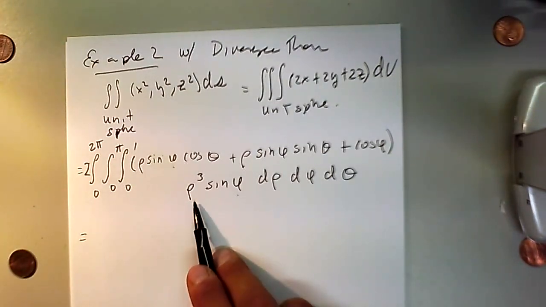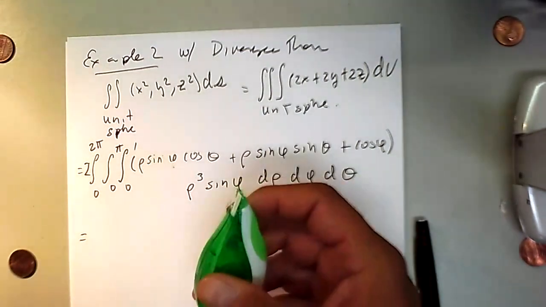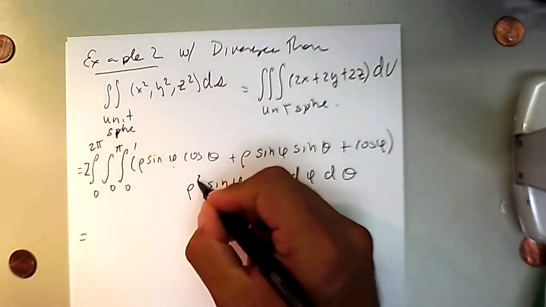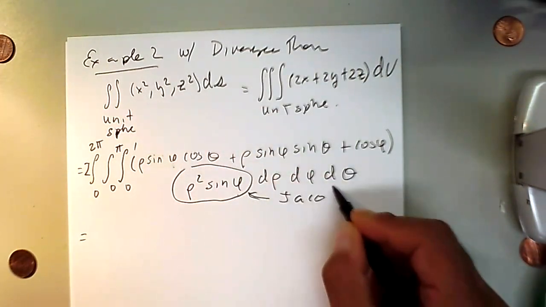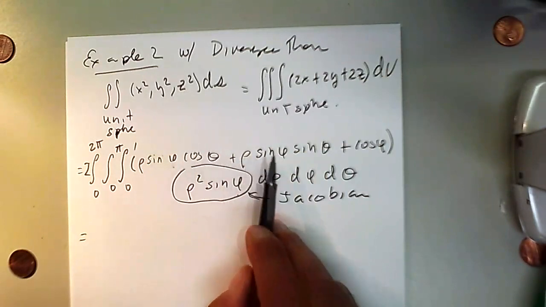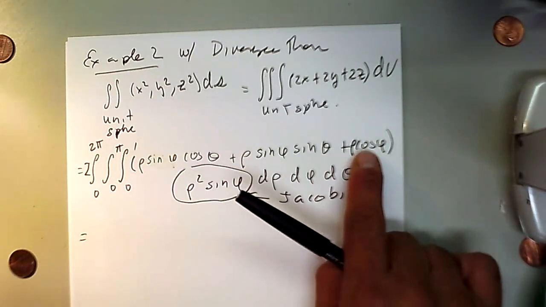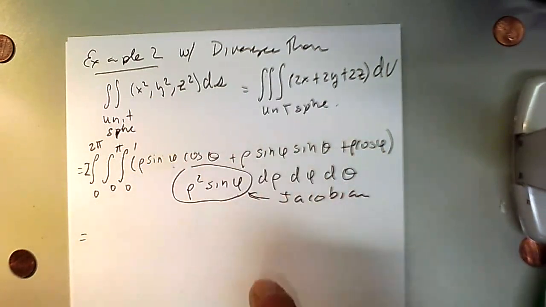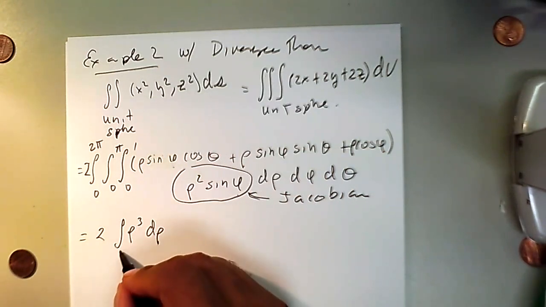Okay, we can factor out r cubed. I'm sorry, again, this is supposed to be r squared. I was one step ahead. So this portion is the Jacobian. The reason why I was getting ahead of myself is because there's one rho here that I was missing, that factors out of all of those. With this rho, we're going to end up with rho cubed, and that is going to be independent of the other two variables. So we have 2 times the integral of rho cubed with respect to rho from 0 to 1.